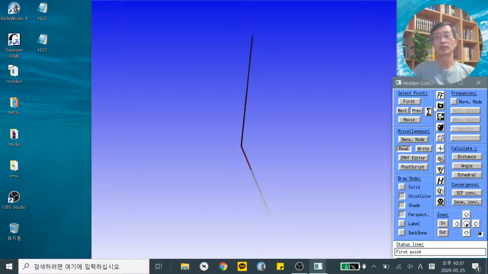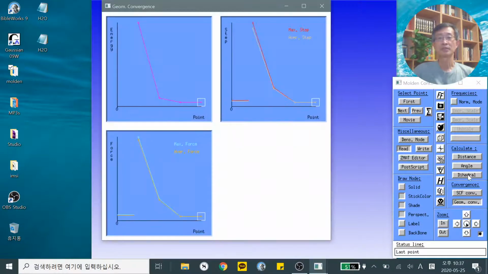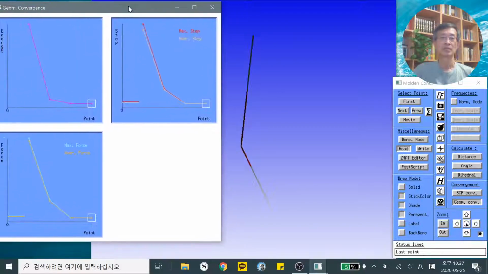There are many things we can do. If I click this one, it's the first one. Next, it shows each step in the optimization. And then in another step, it doesn't move much. So I can check how it is converged geometrically. Somehow the SCF convergence does not really tell you much.